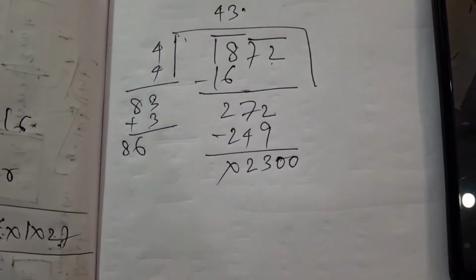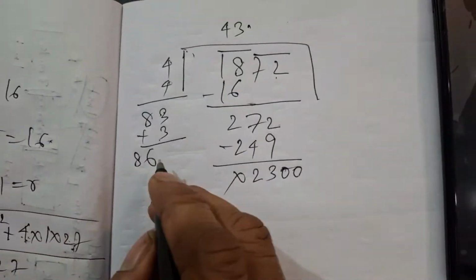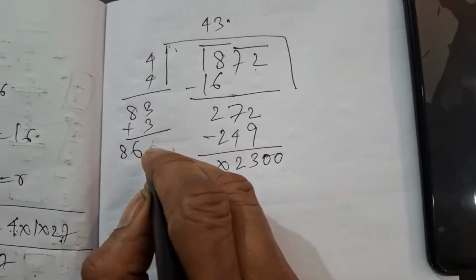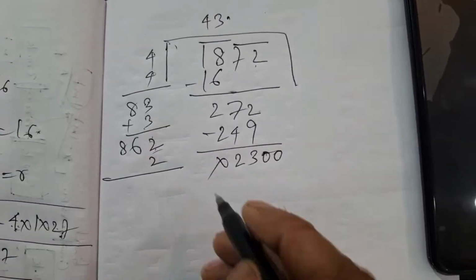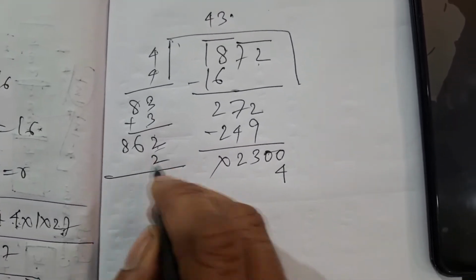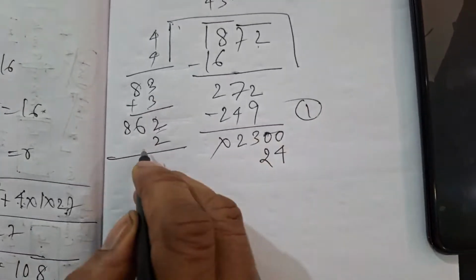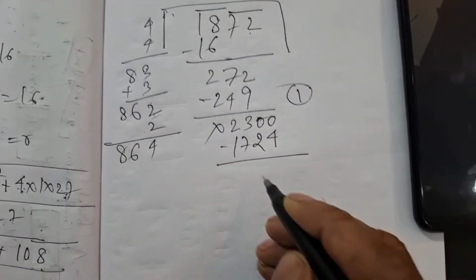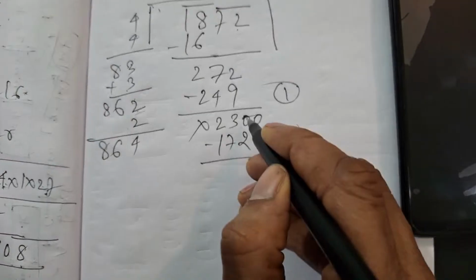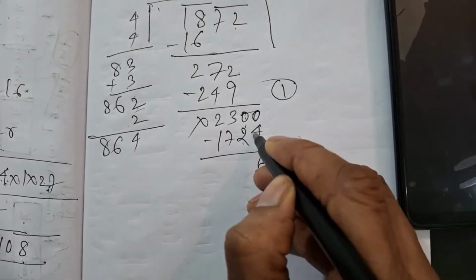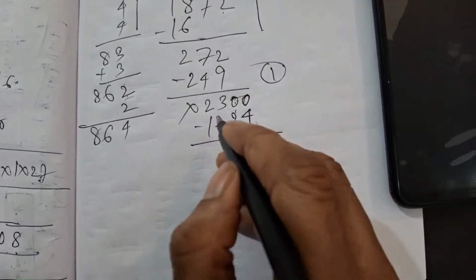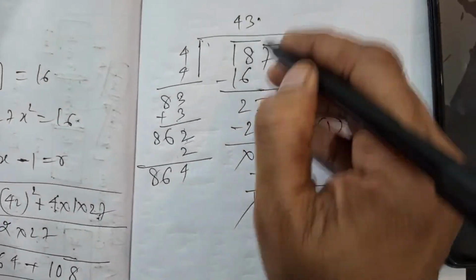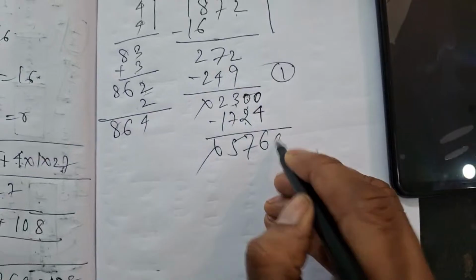Now this one is 86. So 1, 2, 3. So 3 not possible, 2. The 2 twos are 4, 12, 17, and now subtract 6. This one is 697. This one is 5. Now here is 2 times, again put 2 zeros.